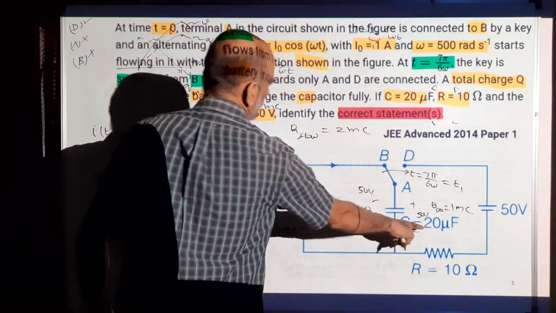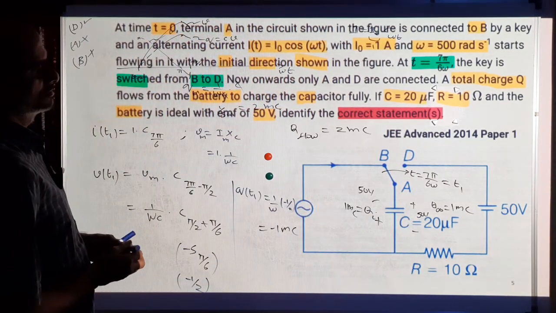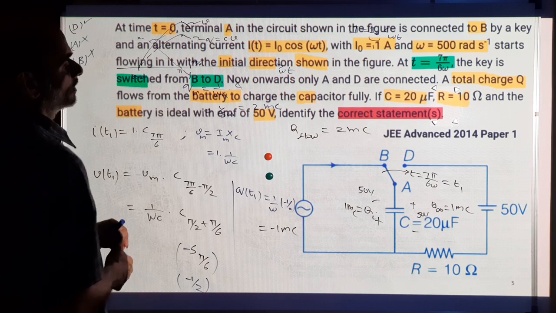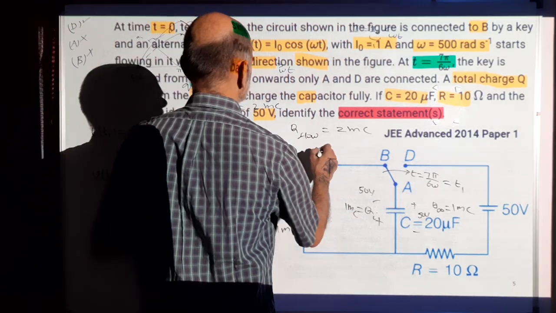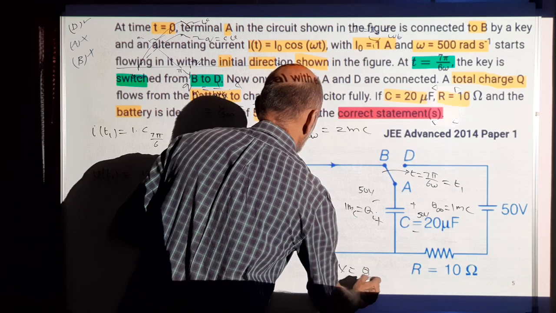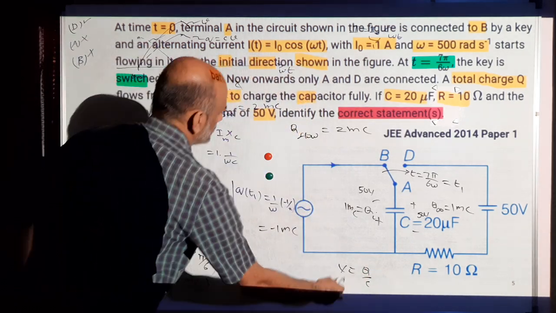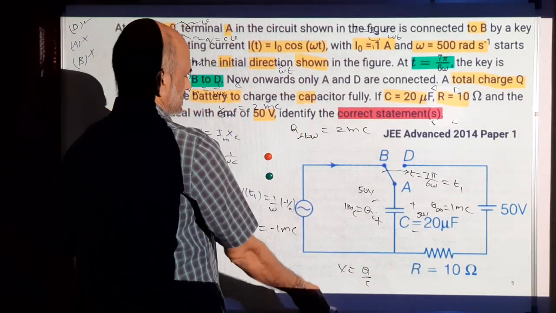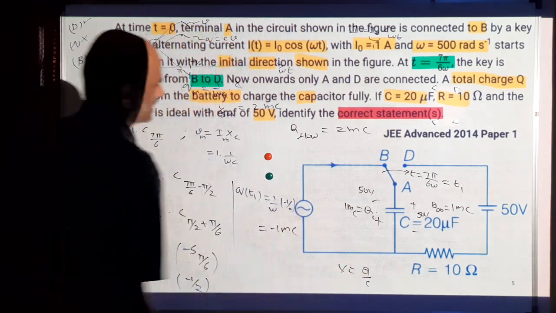Because Q equals CV for a capacitor, voltage is Q by C. To get the initial voltage, I just have to divide the initial charge by the capacitance value.